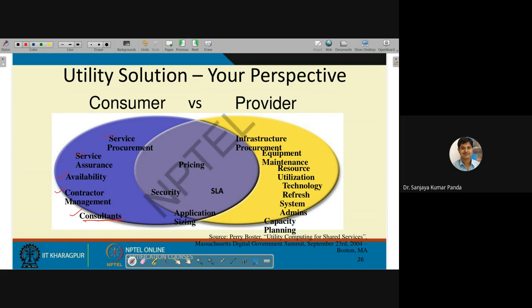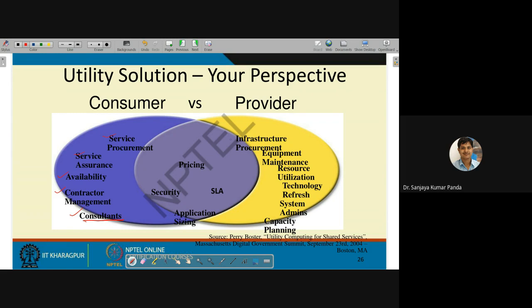So that is also treated like a consultant or a broker. Sometimes the user may not feel comfortable using the cloud infrastructure, so the user will delegate that to a broker. The broker has to act on behalf of the user. So there also the broker or these consultants help in place of a consumer.